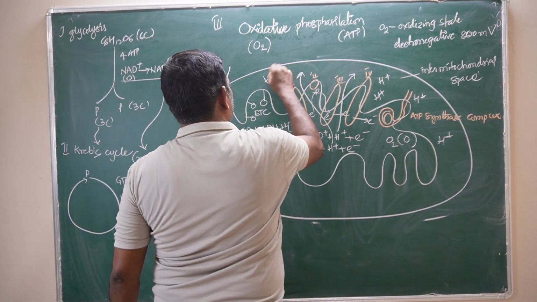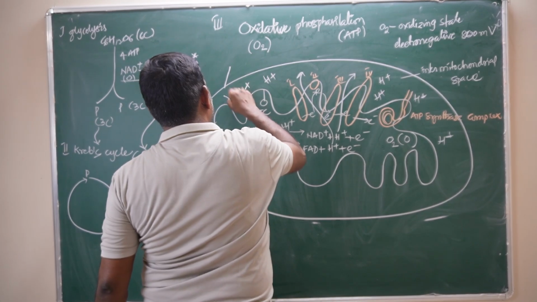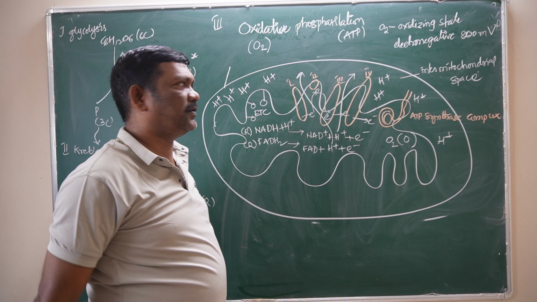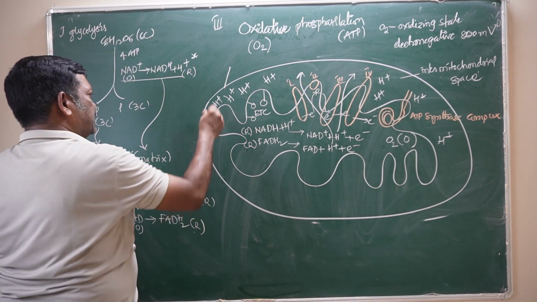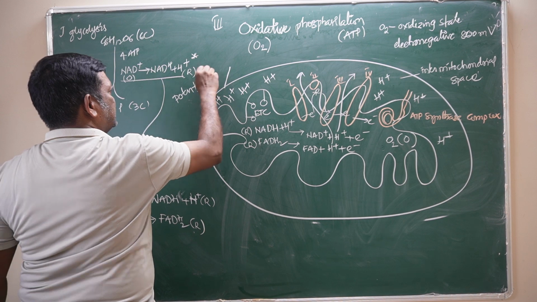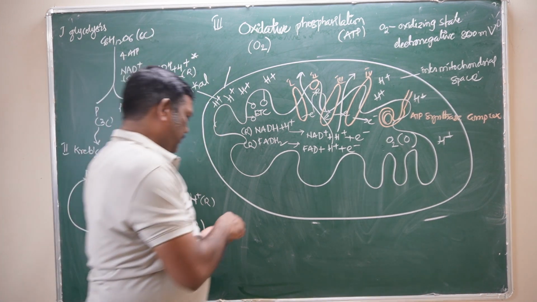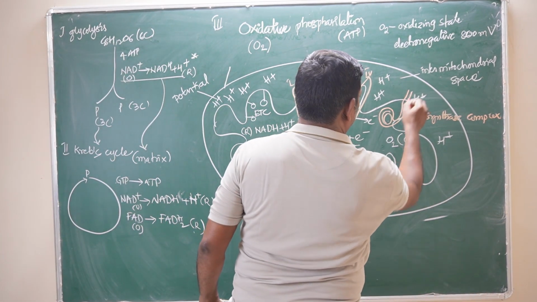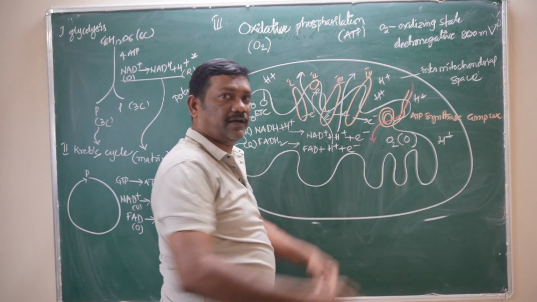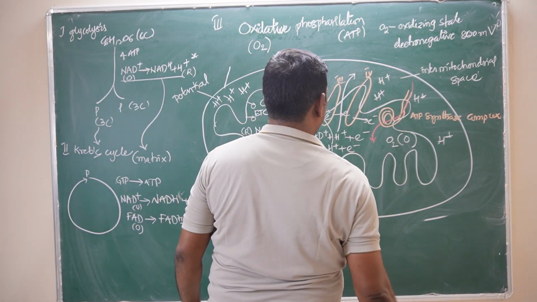Now, after some time, this intermembrane space is filled with the protons, highly packed with the protons. The highly packed protons contain some energy, which is called the potential energy. Now, the ATP synthase complex can pump the protons back into the mitochondrial matrix.